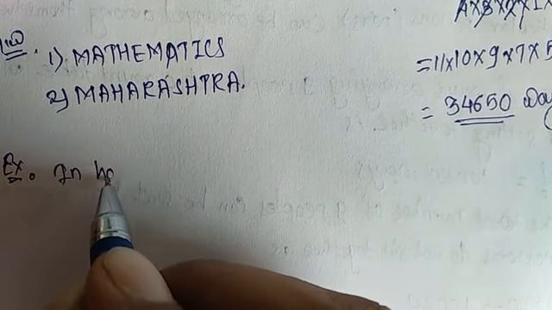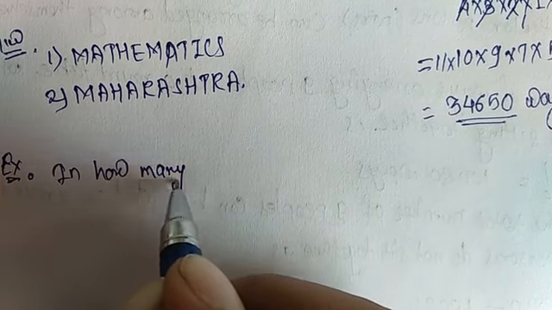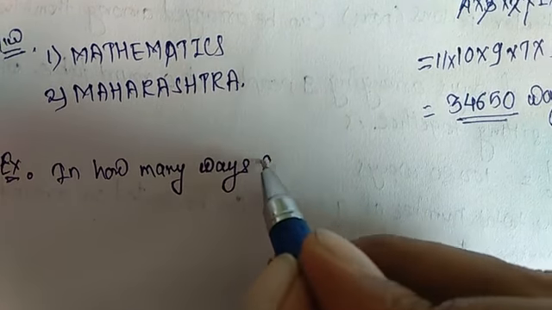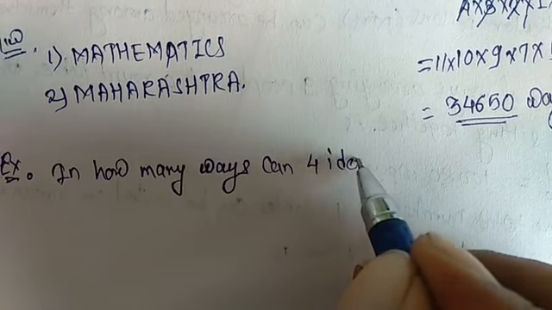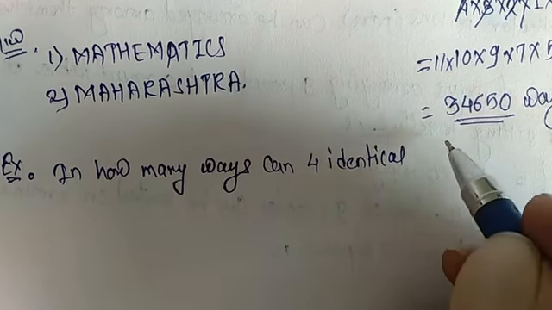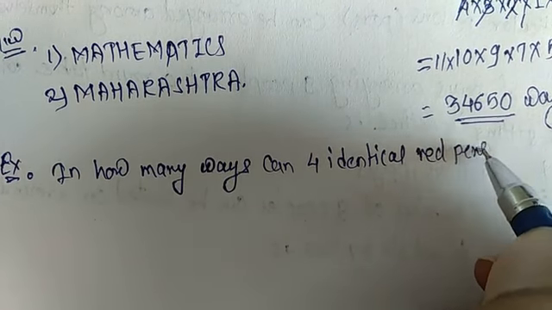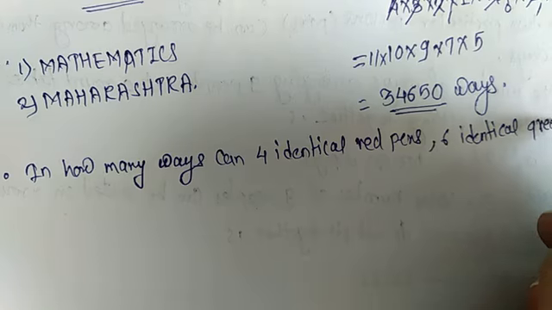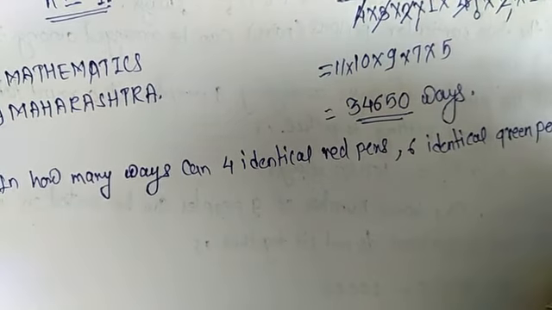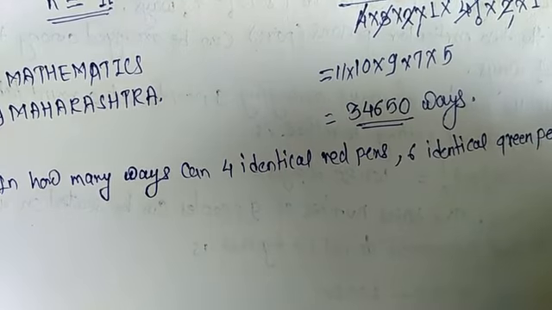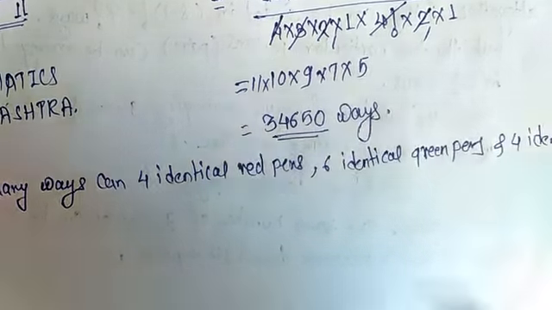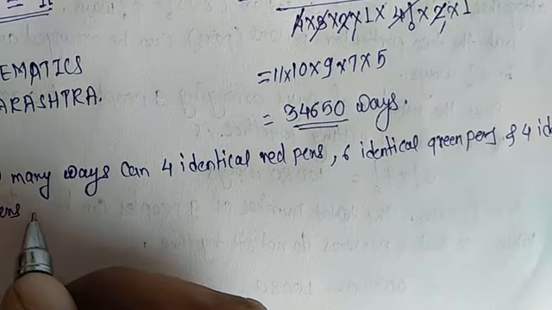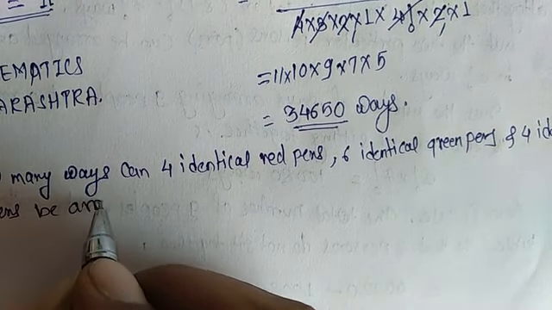In how many ways can 4 identical red pens, 6 identical green pens and 4 identical blue pens be arranged?